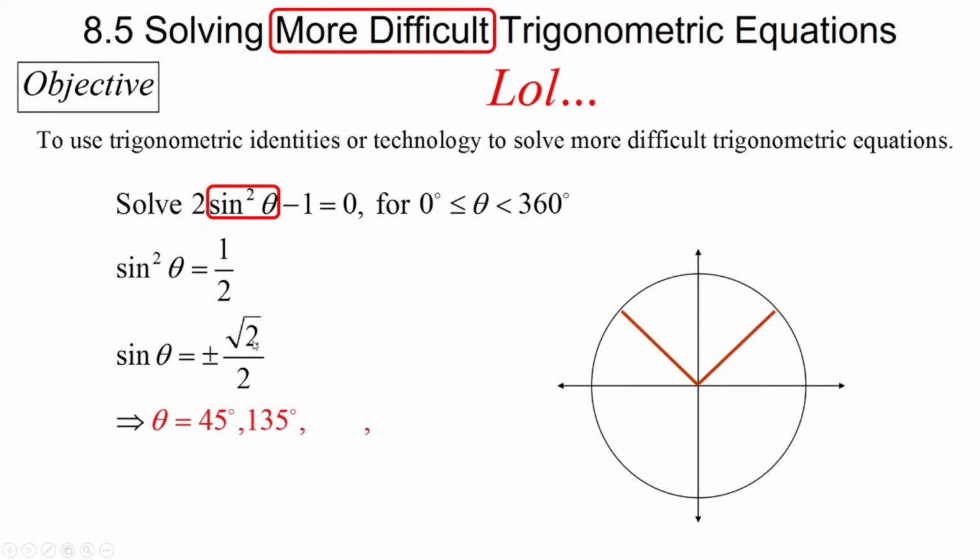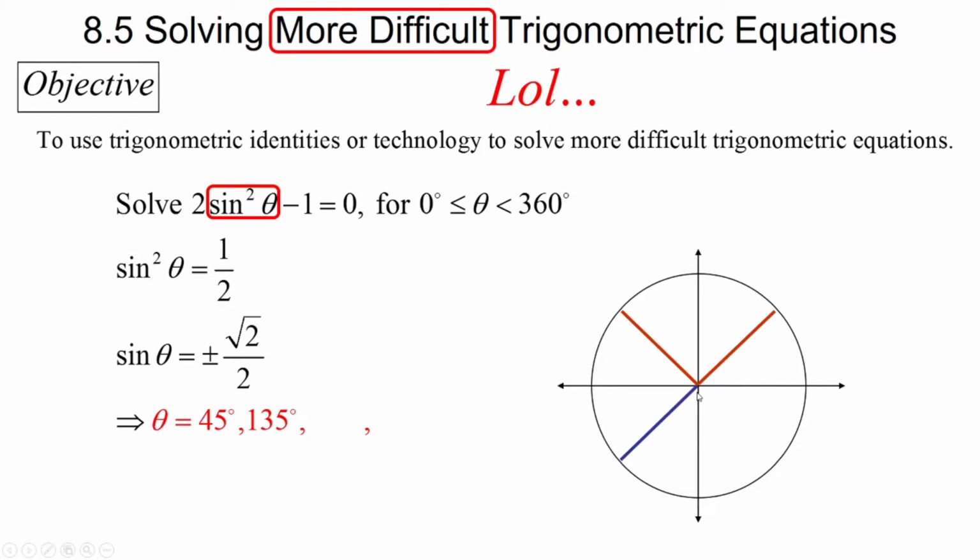Okay, so there are our 2 positive root 2 over 2's. And now how about the negative root 2 over 2's? Well, let's go to quadrant 3. You see this terminal ray right here? Isn't this vertical distance going to be, with direction, negative root 2 over 2?